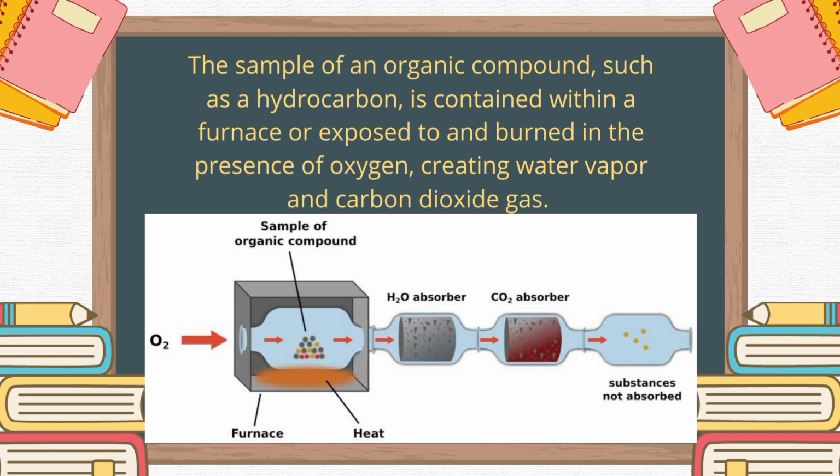It consists of a furnace with your sample inside, and a water trap. As you can see in the illustration, there's a water trap that absorbs water, and connected to that is another trap that absorbs CO2.